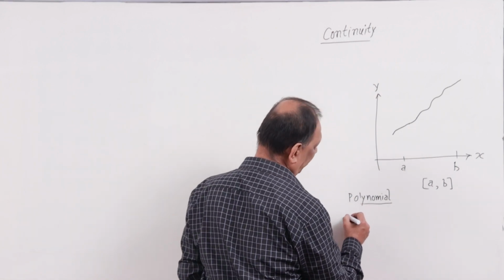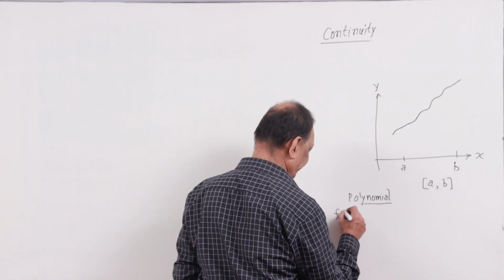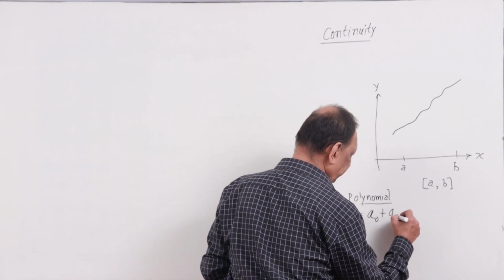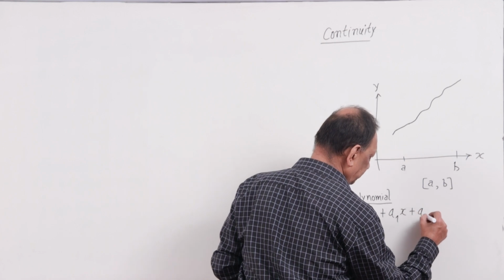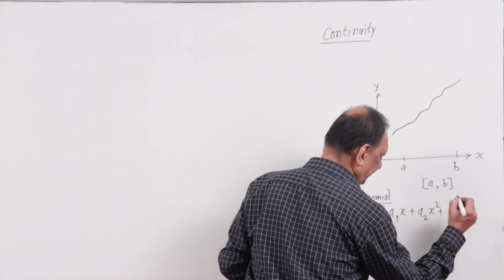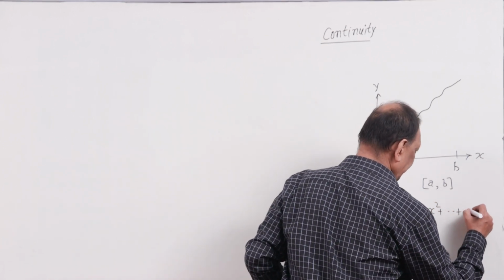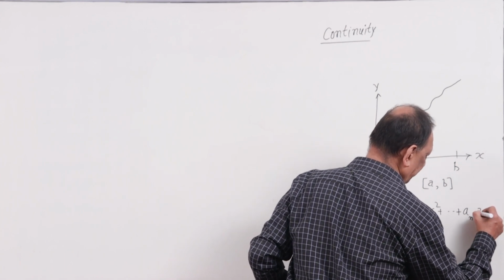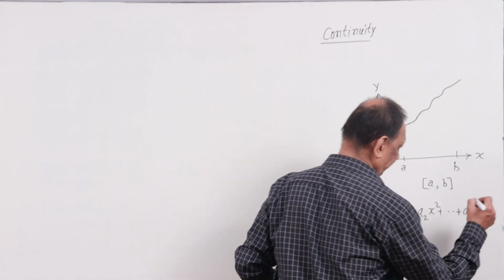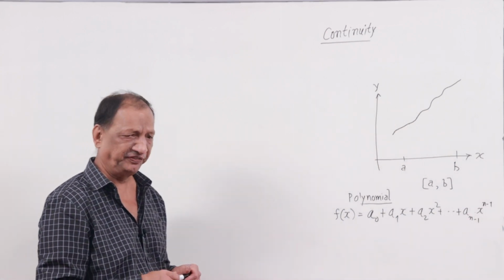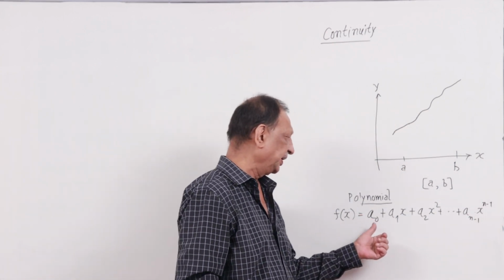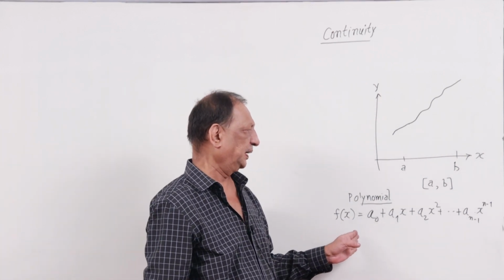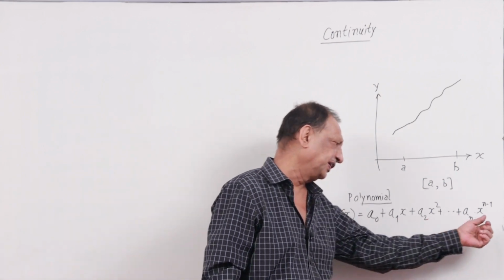I can write one polynomial function, f of x, as a0 plus a1 multiplied by x plus a2 multiplied by x squared, plus etcetera, plus a n minus 1 multiplied by x power n minus 1. So, this is a polynomial function. We are writing it from the lowest degree first to the highest degree on the right-hand side, unlike a decimal number, which we would write the other way around.